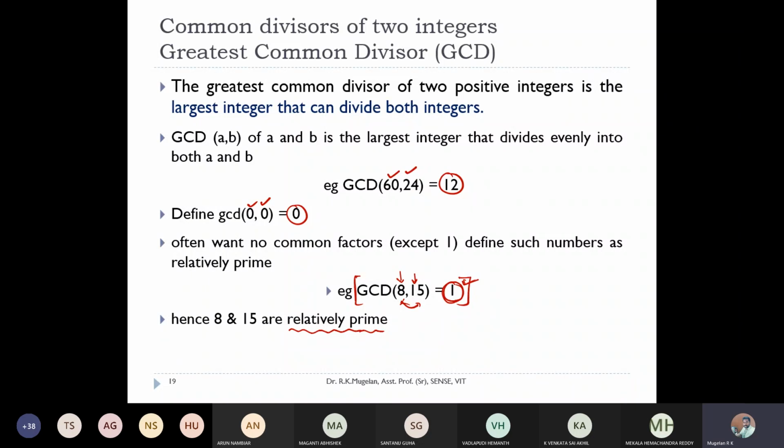Okay, now we move on to school math. How will you find the GCD of two integers when they are given to you? What is the method you will be using? You can use your chat box or you can unmute.